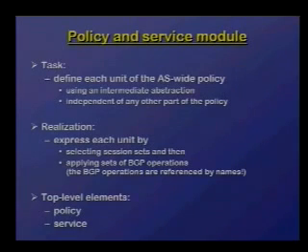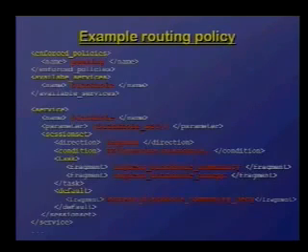So we have two top-level elements, policy and services, and here's an example of how such a service could look. The service that we have here is Blackhole. So what did we say when we were looking at the service? We said that we want to have an authorization here.